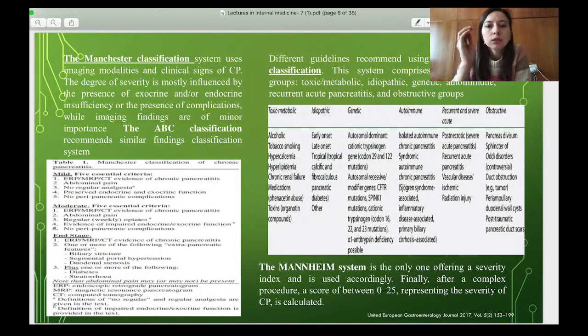And in this text you may see a table with details of every etiologic factor.